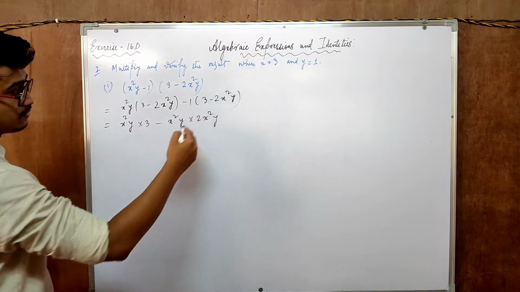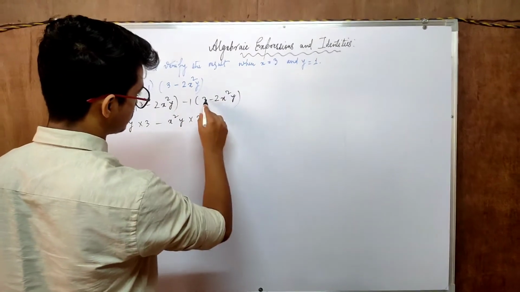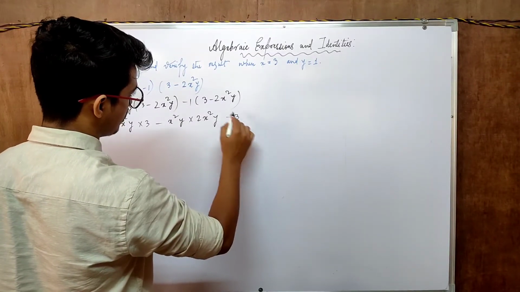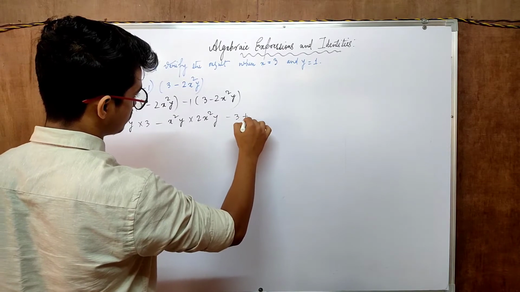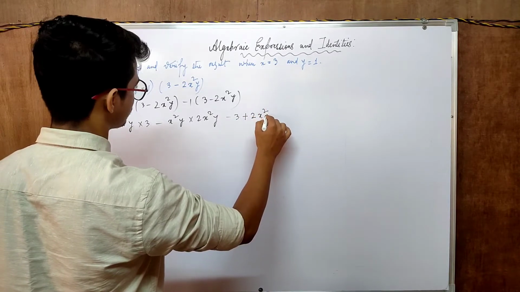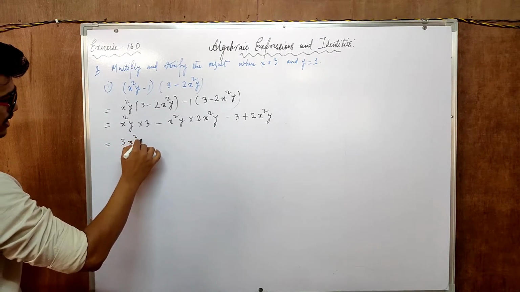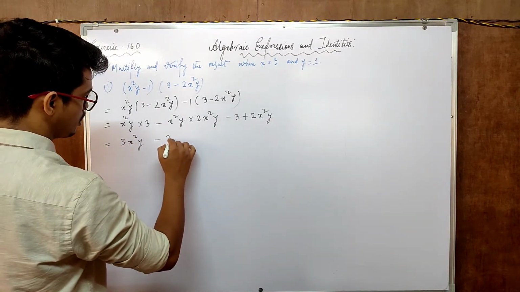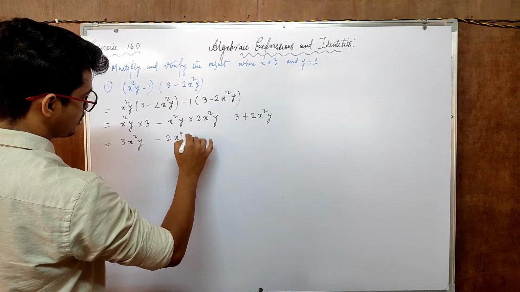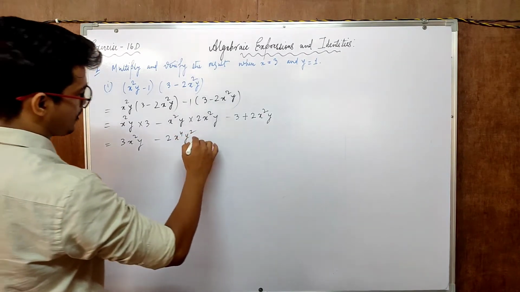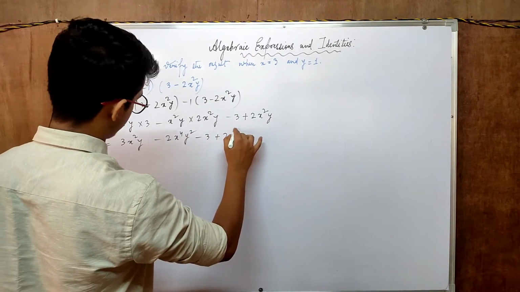Minus sign is there, we have to reverse the sign. Make sure 3 is there, so it will be minus 3, and minus 2 is there, so it will be plus 2. Simple. So it will become 3x square y, and it will become 2x to the power 4 y square minus 3 plus 2x square y.